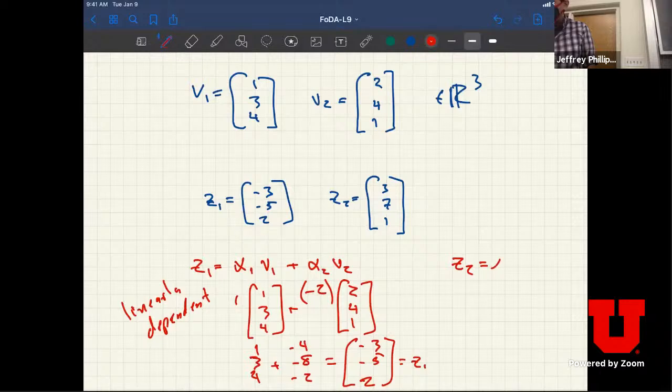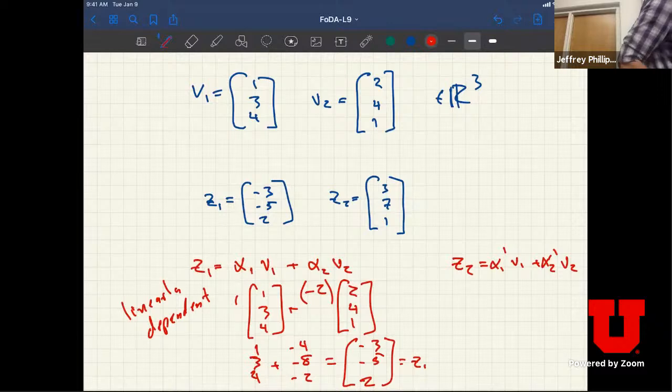Good. Now let's think about Z2. Can I do this the same way? Alpha 1 prime V1 plus alpha 2 prime V2. Can I choose alpha 1 prime and alpha 2 prime in such a way that I get Z2? No. This is a little bit trickier to see, but why can't I do this?